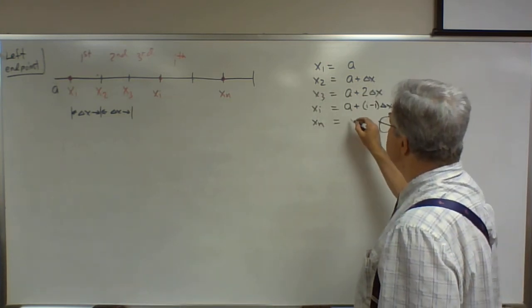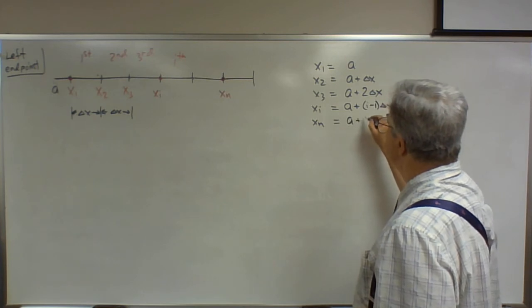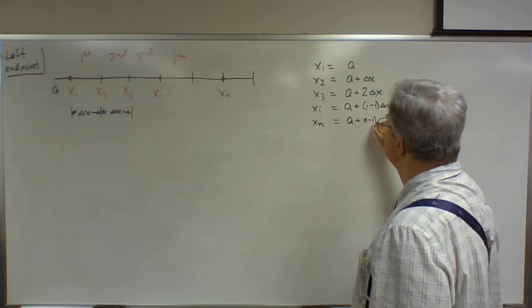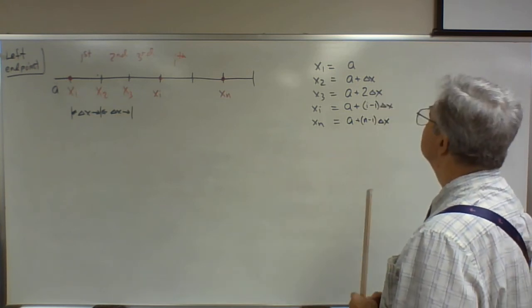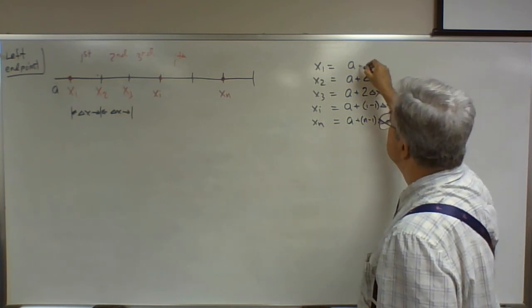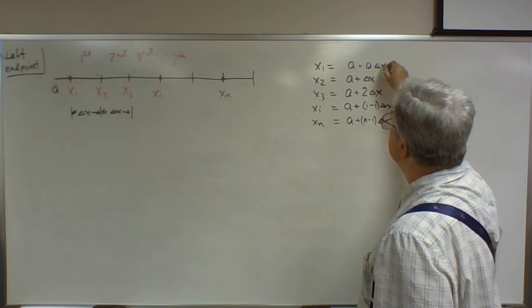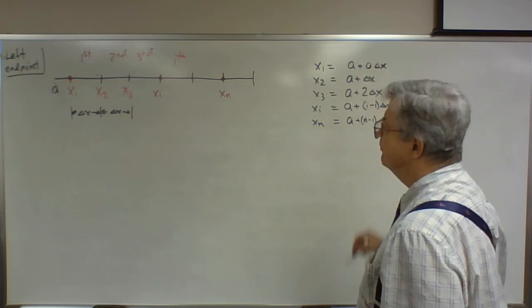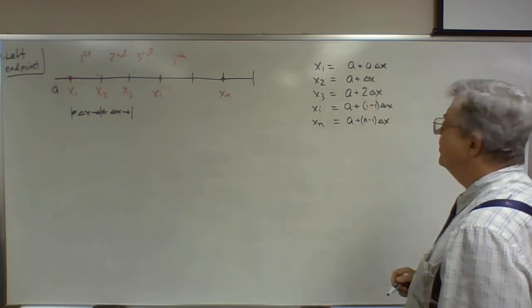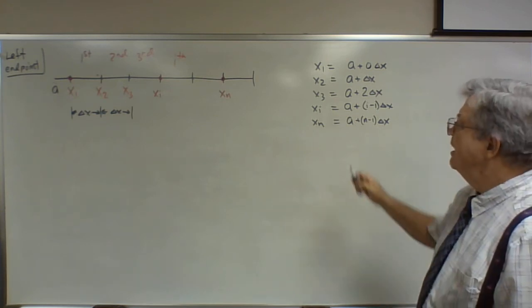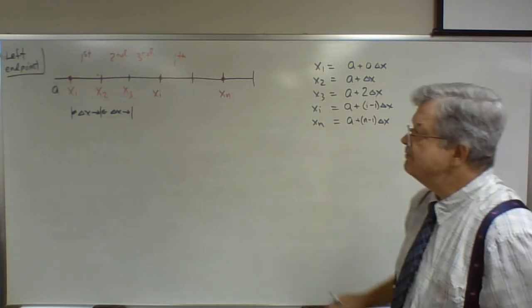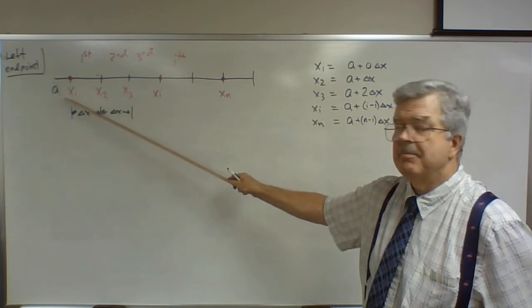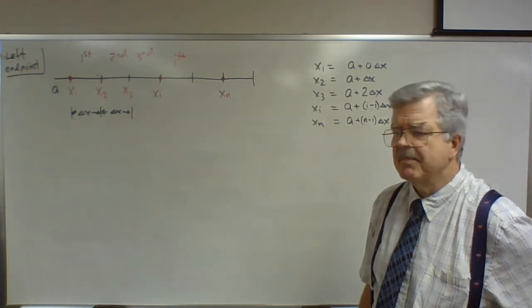And so x sub n would be a plus (n minus 1) delta x. This is how we would define our x sub i's if we let x sub i be the left endpoint.